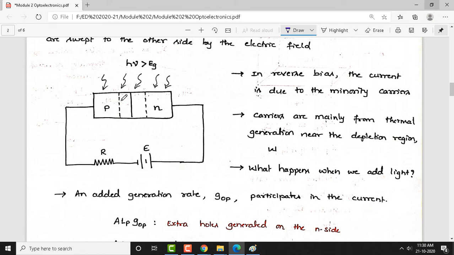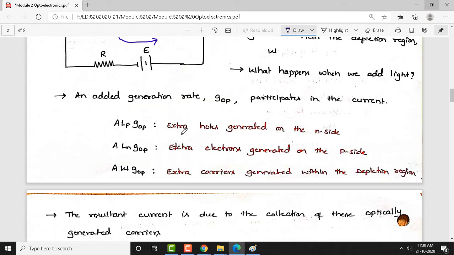But within these regions, you have seen the electron hole pair forming, and that makes the holes move from N to P. So, the current also flows from N to P. This is the direction of current.